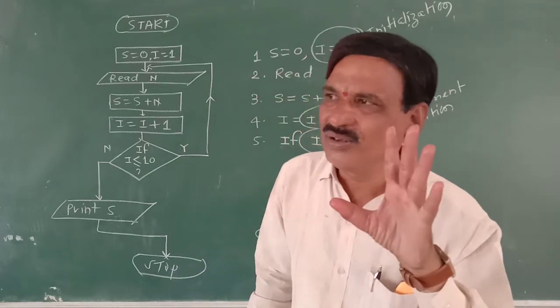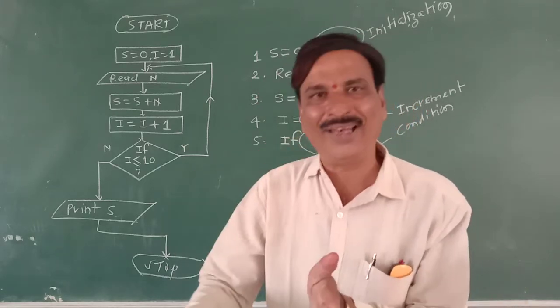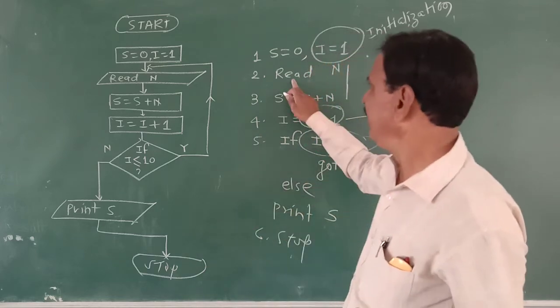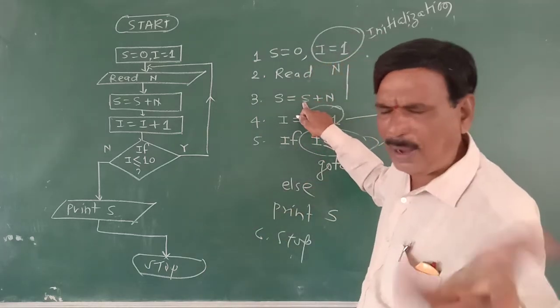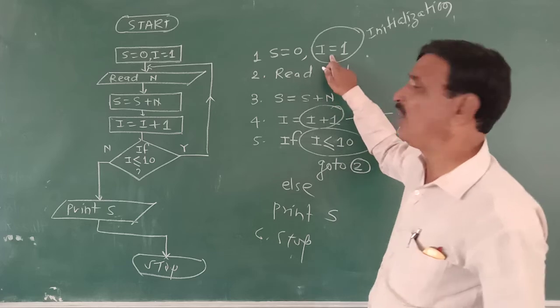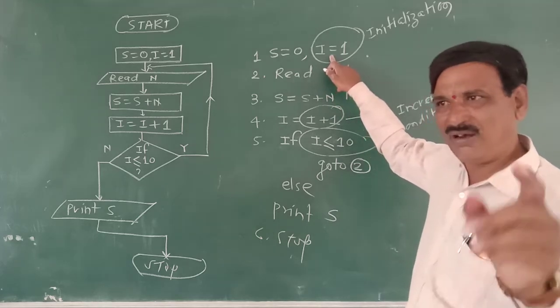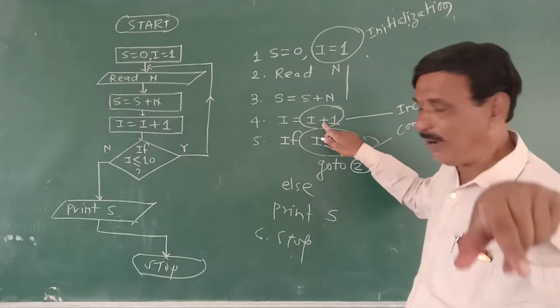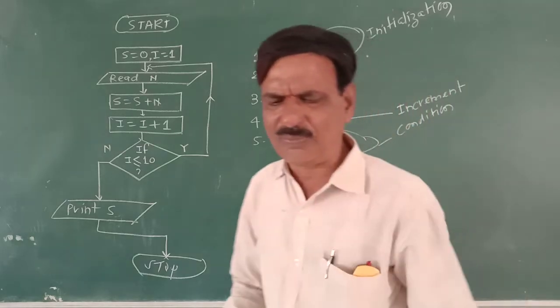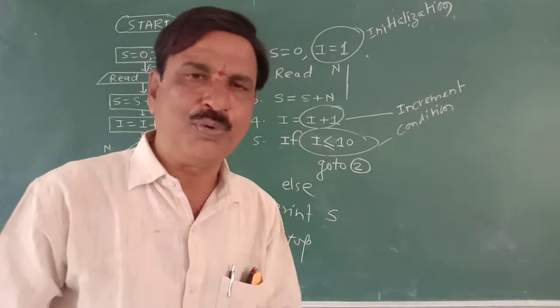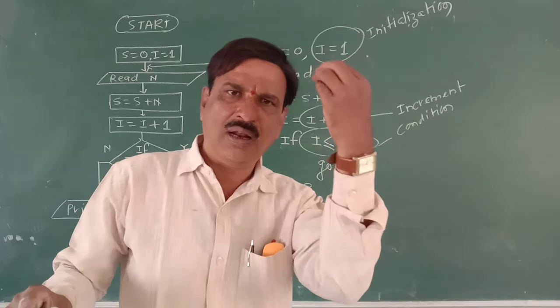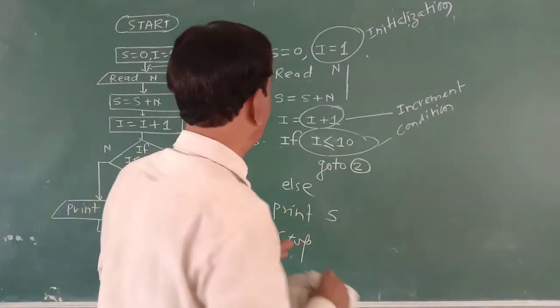But for that, we require one more activity. Read n and add n will happen, no doubt. But we have to take one variable to 1, increment by 1, and a condition. Instead of that, we can instruct the computer at the very beginning. What is that?